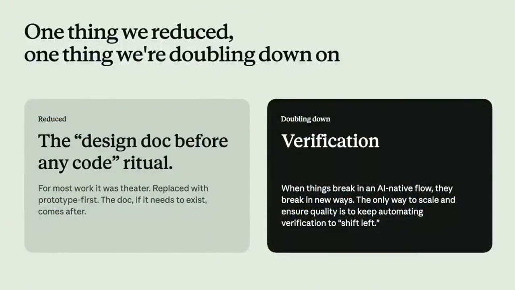So I talked a lot about what we reduce in planning. On Claude Code, we definitely have reduced the design doc before every code ritual. I would say for certain teams and certain scenarios, it's still really important to think about design docs, especially as we're doing async discussions. But on Claude Code, most of our discussions are, instead of a doc, a PR. That's one of the phrases we have: hey, we've got an idea, go prototype.